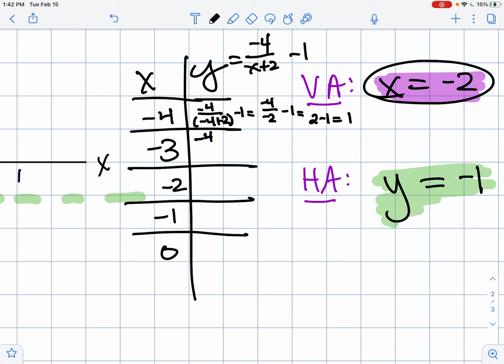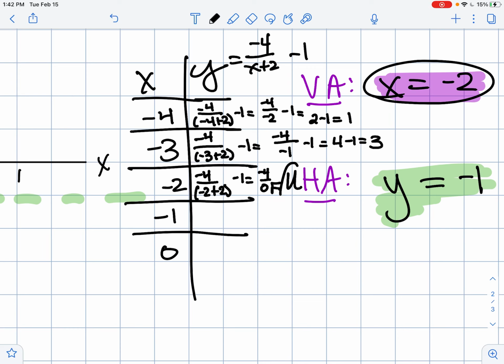And then here we're going to get negative 4 all over negative 3 plus 2 minus 1. So we get negative 4 over negative 1 minus 1 is 4 minus 1 is 3. And then we know here we should get an undefined value, which we will. We get 2 minus 2 on the denominator is 0. Anything we have at 0 in the denominator, we say this is an undefined value.